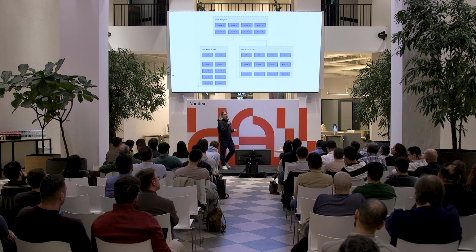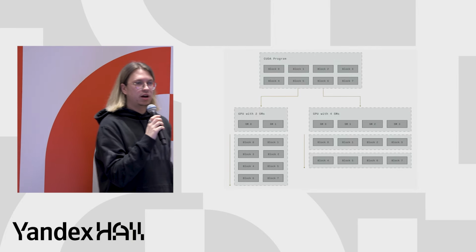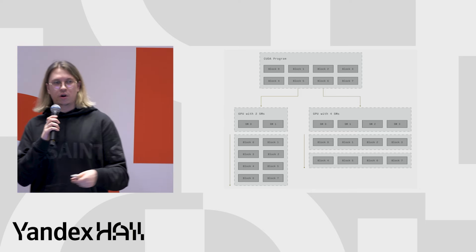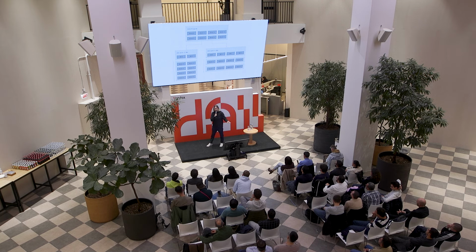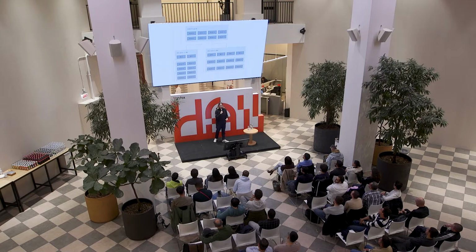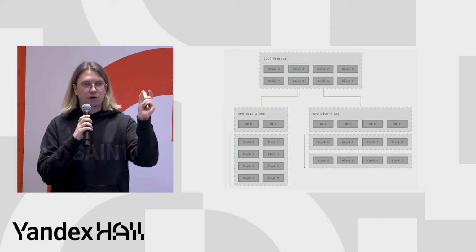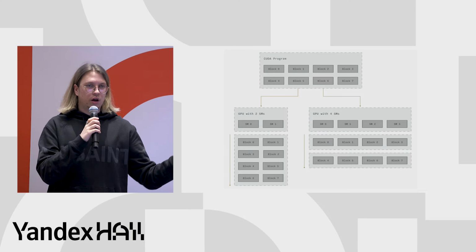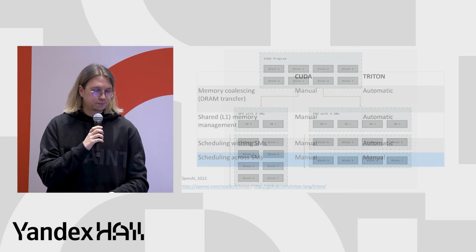So you can say, okay, we have this grid of blocks, and I would assign each block to run this part of the computation. And these blocks would get scheduled on a GPU in some way. We don't actually have to think about it with Triton, because Triton automatically manages the scheduling. And we only have to think about how to partition the computation into these several blocks.